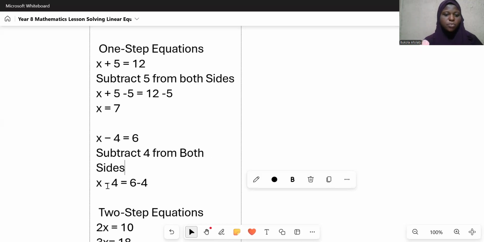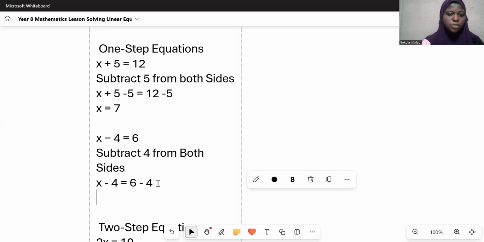So now, that's what we've done. We are subtracting 4 from both sides. So X minus 4 equals 6 minus 4. So X minus 4 plus 4 equals 6 minus 4. So minus 4 plus 4 cancelled out.